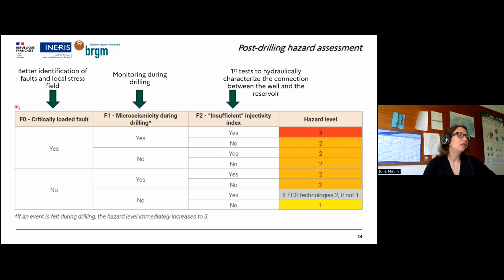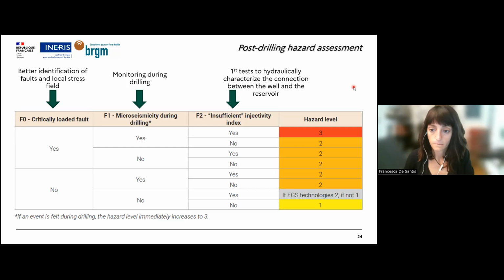Also, if needed, if you are in hazard level 1 or 2 in the first evaluation, you had some monitoring done, so you know if there was any microseismicity during drilling. So it's the second criterion. And the last criterion was about the injectivity index. So the operator needs to do some tests to check that. So the answer is, is it sufficient or not? So you need to do some further development to improve it. So that's the second tree.